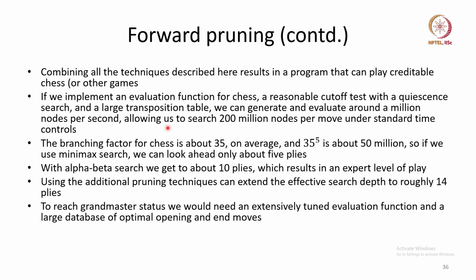So you will be able to look only about 5 ply, right? But if you use alpha beta search, you may be able to go up to 10 ply, giving better results. And using additional pruning techniques, which we spoke of, you can go up to 14 plies.